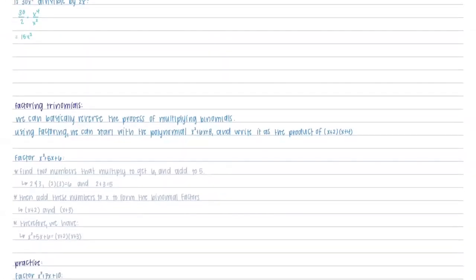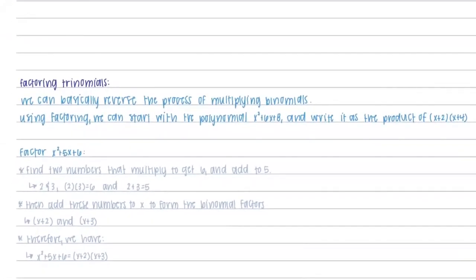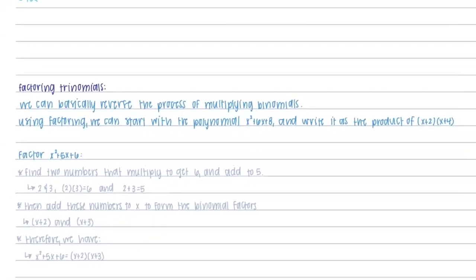Moving on, we're going to be talking about factoring trinomials. This is the part where we're going to talk about quadratics. A quadratic is a polynomial that doesn't exceed the power of 2. So if you have x to the power of 5 plus 5x plus 6, that's not a quadratic.